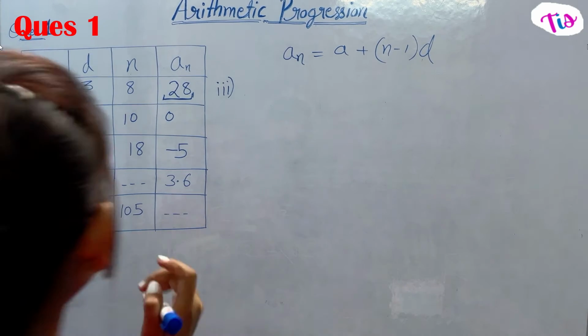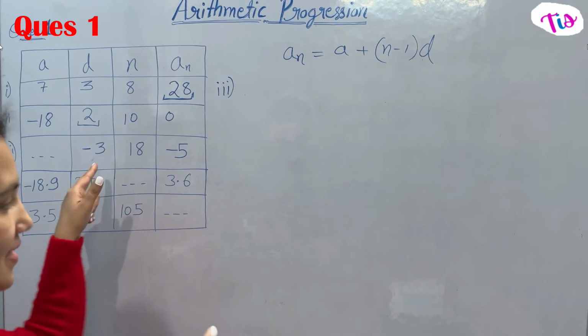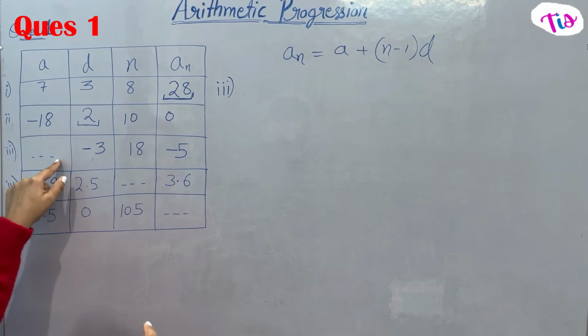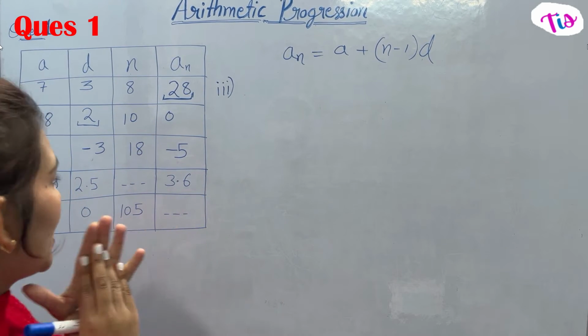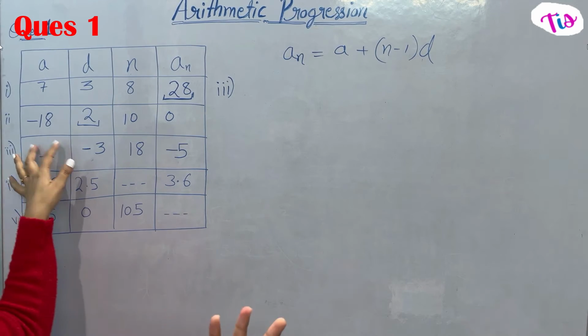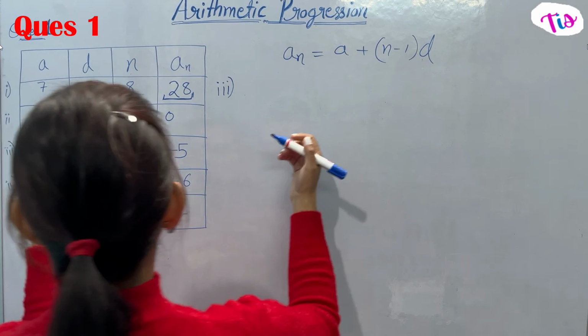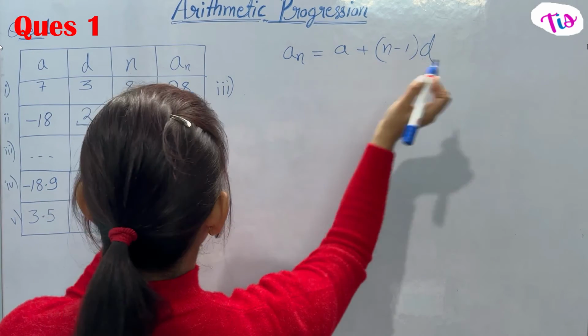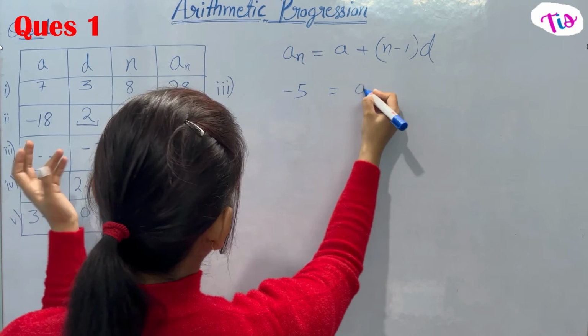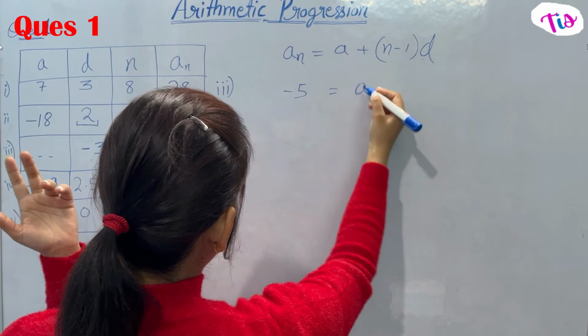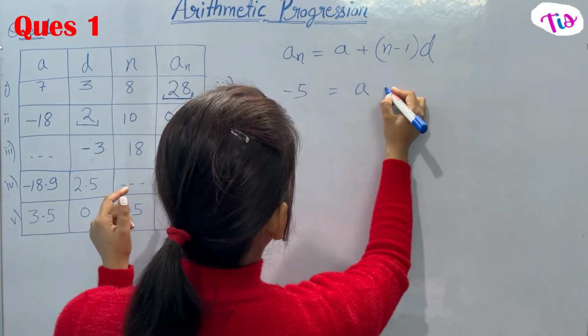The third subpart is this, and in this you are given d, n and an, and you need to find out a. Again, the same thing, replace the values. So an here is minus 5, equal to a, which we don't know, a is unknown, so we'll solve for a, plus n minus 1 d.